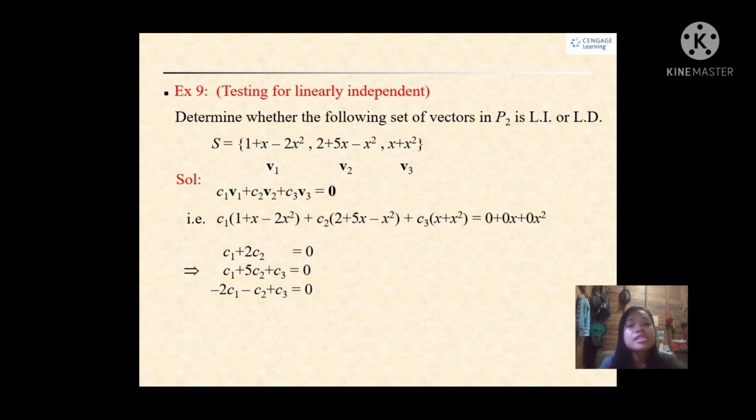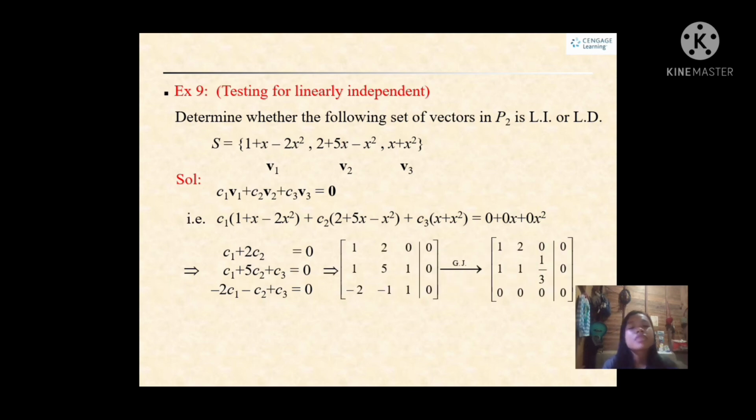For the solution, the system is c sub 1 plus 2c sub 2 equal to 0. Then c sub 1 plus 5c sub 2 plus c sub 3 equal to 0. Negative 2c sub 1 minus c sub 2 plus c sub 3 equal to 0.